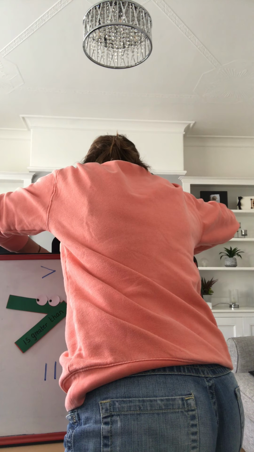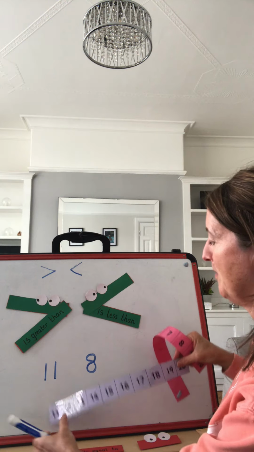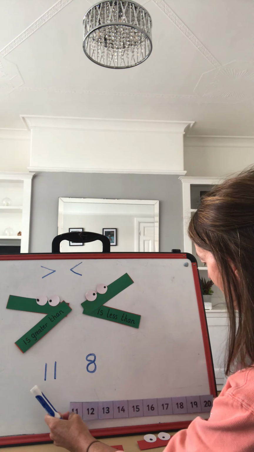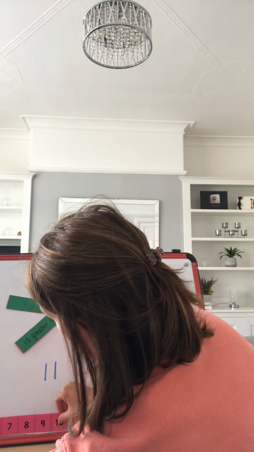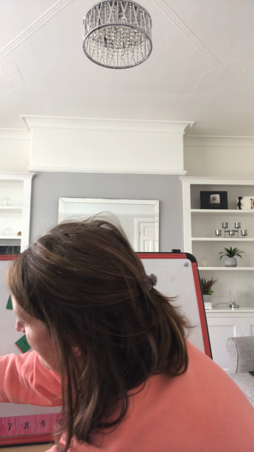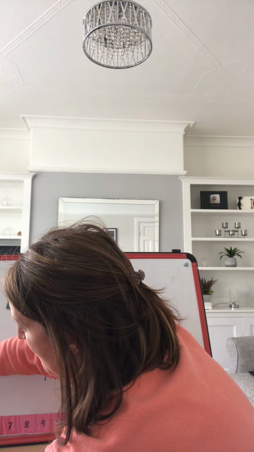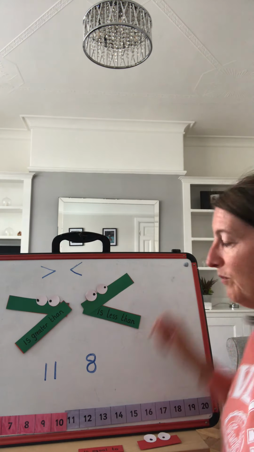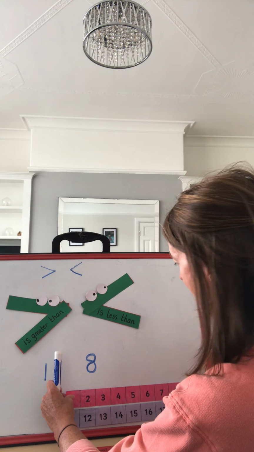Do you remember? You can use these. Let's pop these down the bottom. There's your number line. It's a bit tricky, let me put it on the top. There we go. That's easier, isn't it?